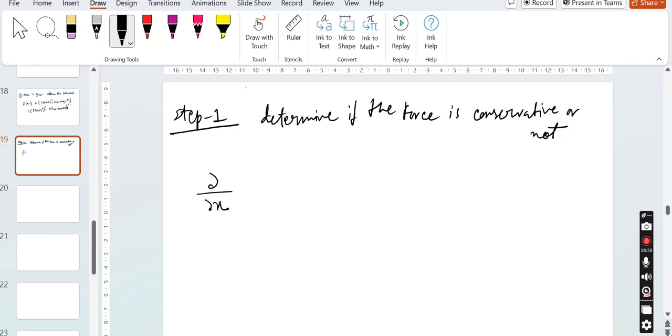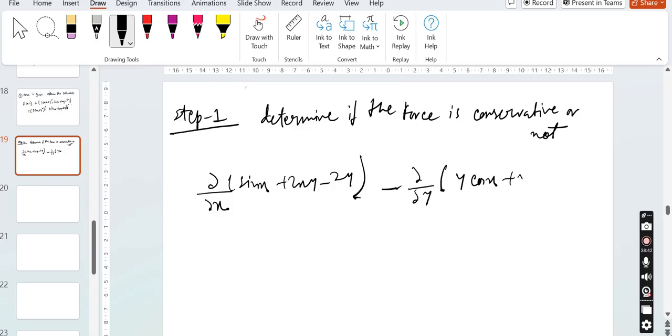So what happened? We will check del x of sin x plus 2xy minus 2y, minus del y of y cos x plus y square.